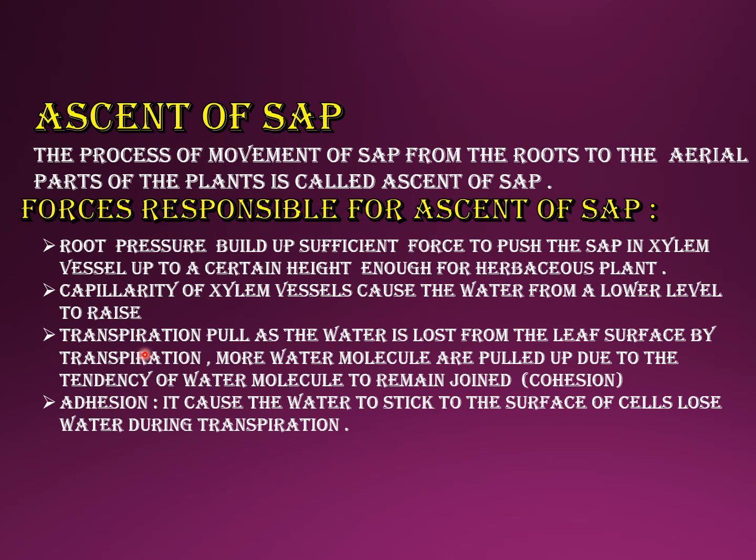The loss of water from the aerial parts of the plant body in the form of water vapor is called transpiration. So due to transpiration, a pull is exerted by the plant body, and we call it transpiration pull. This transpiration pull is also responsible for the ascent of sap. It also allows the water to move to the aerial parts of the plant body.